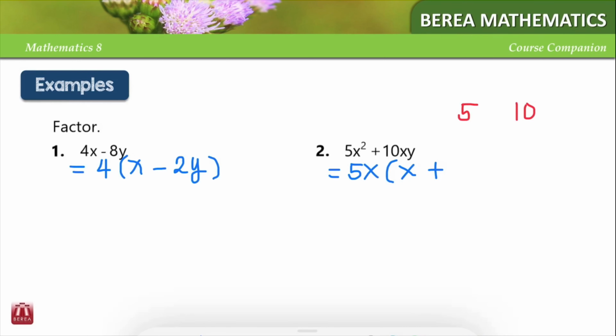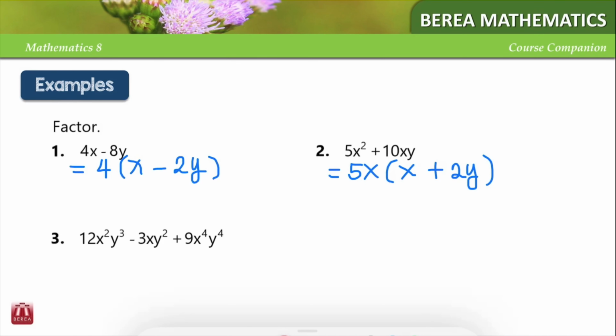So 10 divided by 5 is 2, and then xy divided by x is y. So we have x plus 2y as the second factor. So the factored form of this polynomial is 5x times x plus 2y.